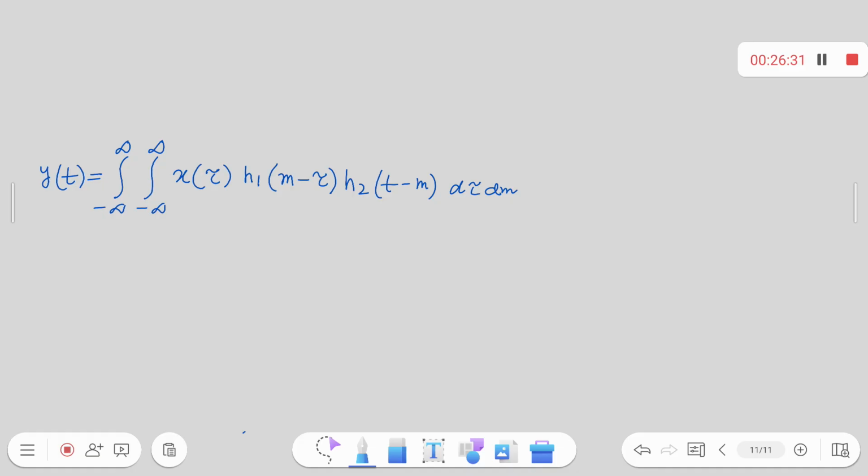Here you have two different variables, and the integration is performed on tau and then m, d tau dm. So you can change the order of the integration, with the limits being the same, from minus to plus infinity for tau as well as for m. So let's consider this one, minus to plus infinity.